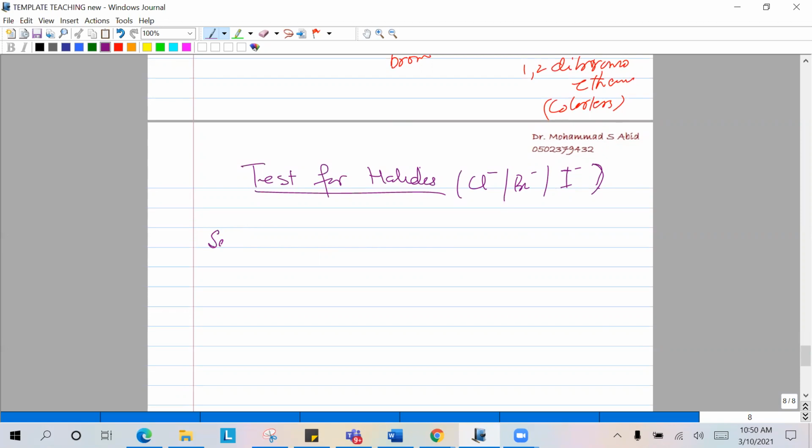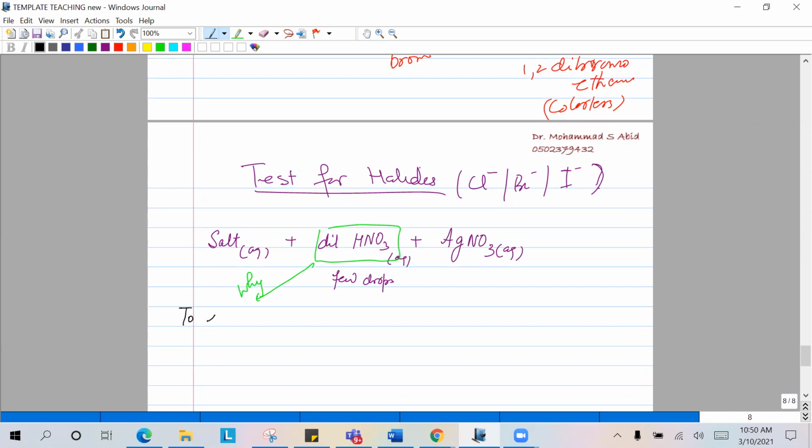So what you will do is you will take the salt solution or the salt and you add dilute nitric acid followed by silver nitrate solution. Now, dilute nitric acid means it is aqueous. You just need to add a few drops. Now, in the exam, they can ask you why you are adding this. The answer is simple.